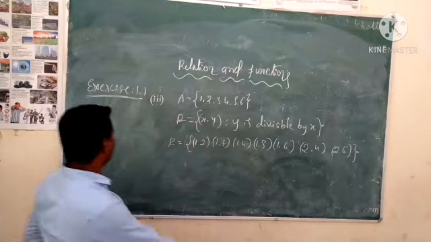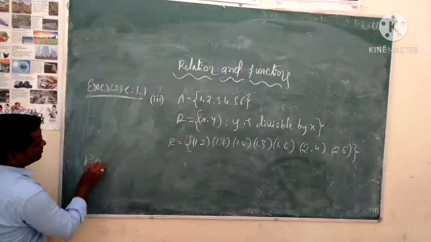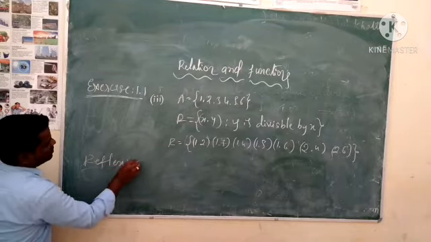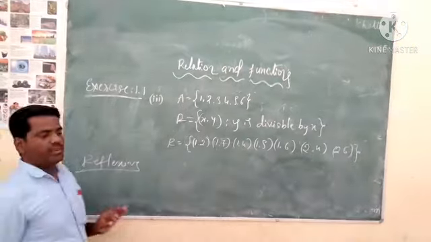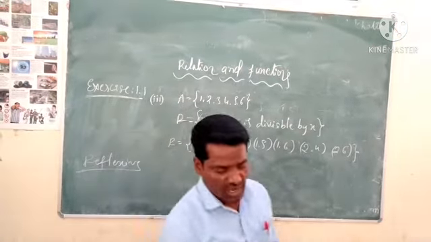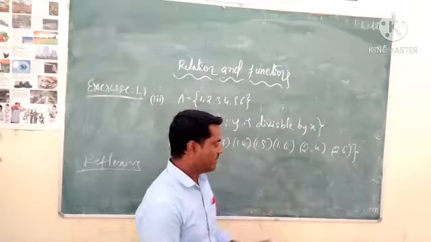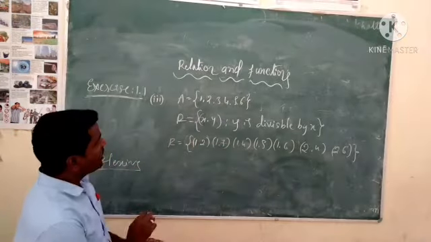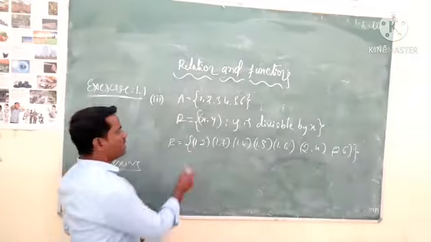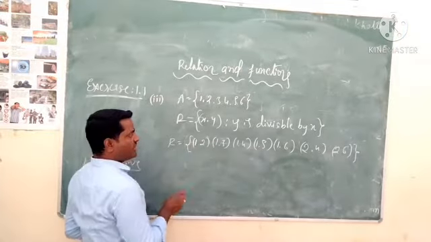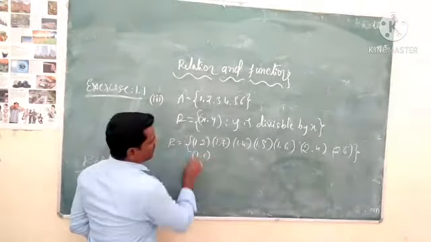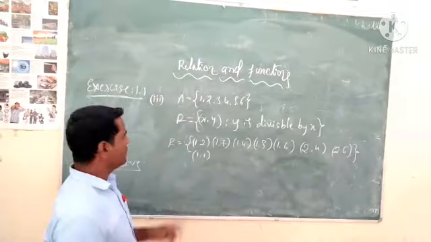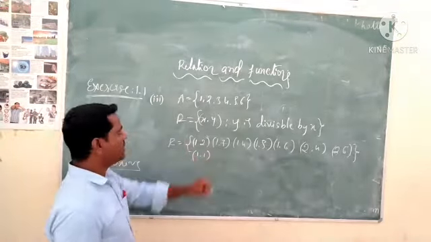Now we should go for the first relation, reflexive. Reflexive means (a, a) belongs to R, (b, b) belongs to R, so (1, 1) belongs to R. Here 1 itself is divisible by itself: (1, 1), (1, 2), (1, 3).